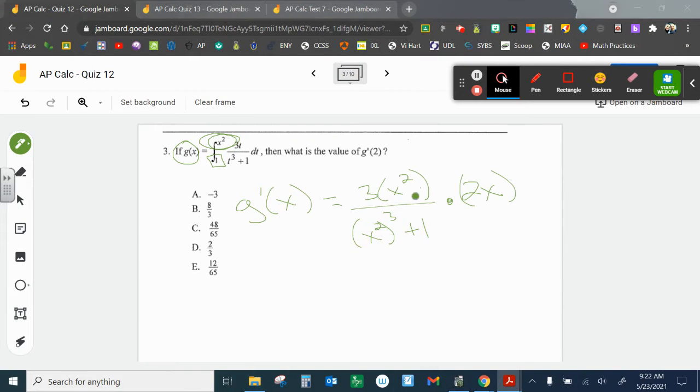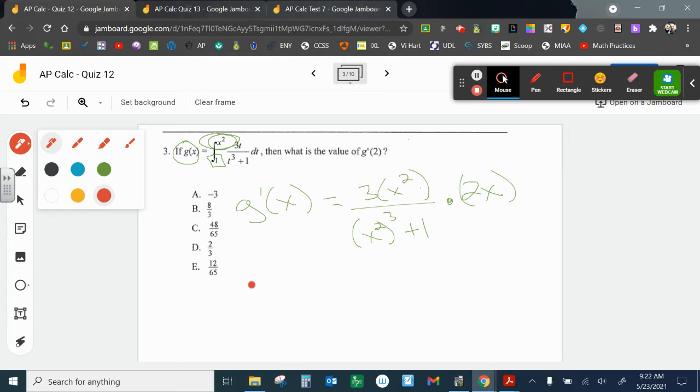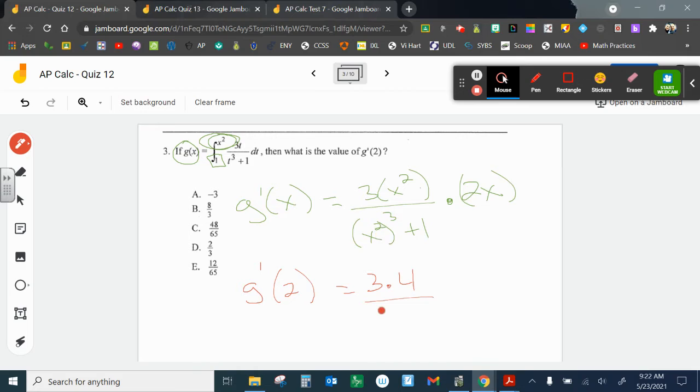Okay, so let's now find g prime of 2. So that's 3 times 2 squared is 4, all over x squared all to the third is x to the 6. Oh, I got to do that in my head here in a second.